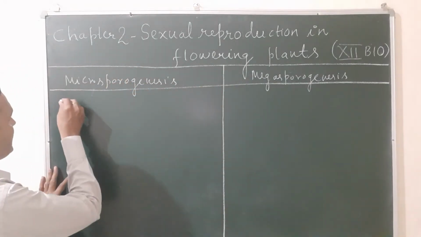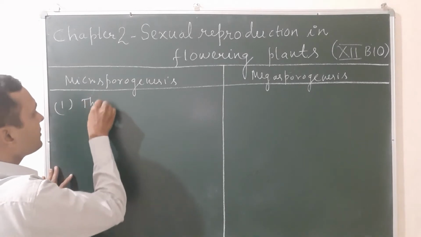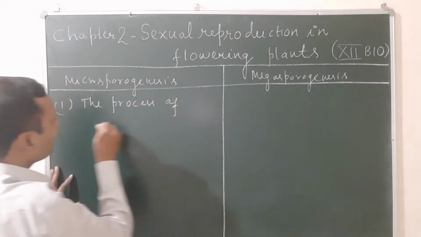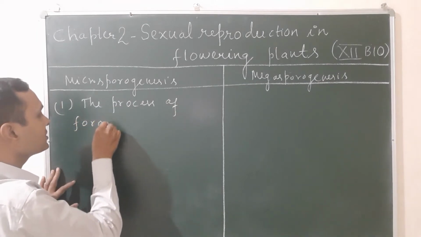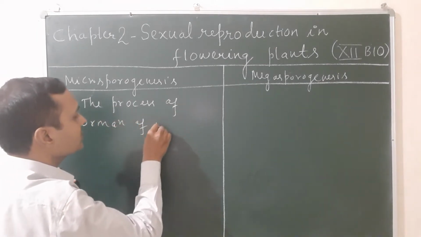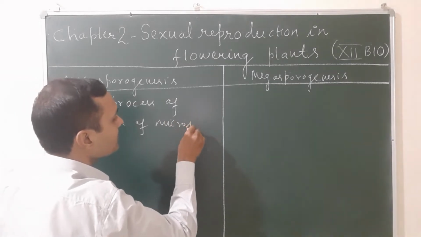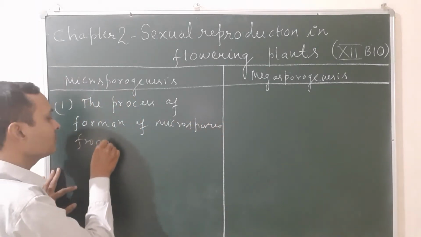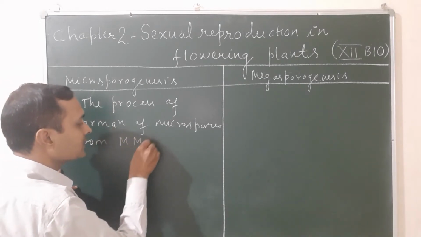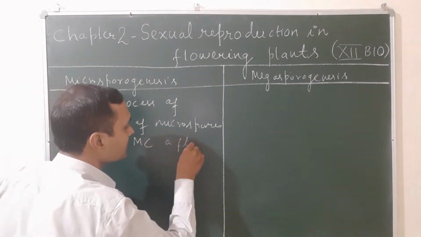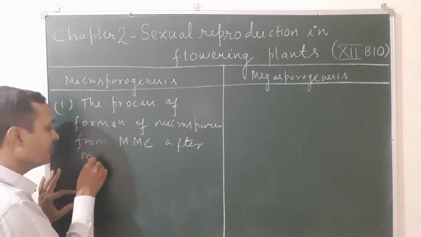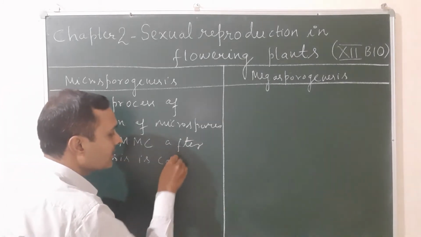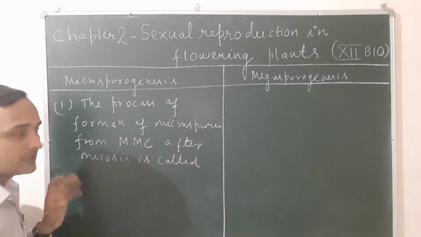What is microsporogenesis? The process of formation of microspores from microspore mother cell after meiosis division is called microsporogenesis.